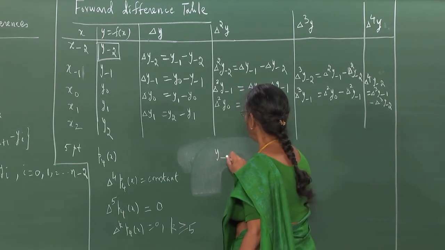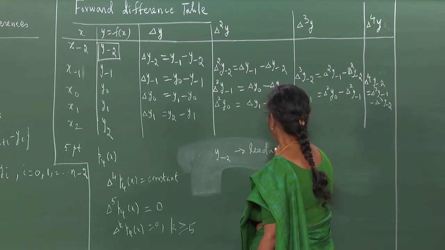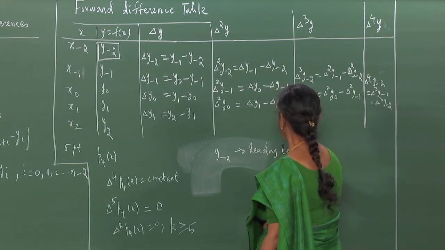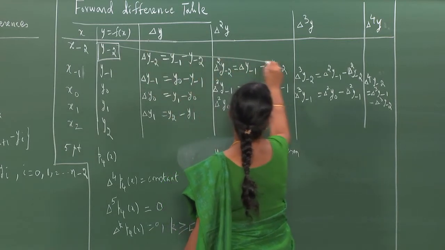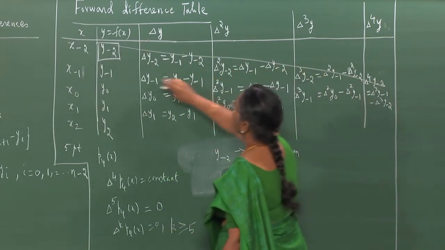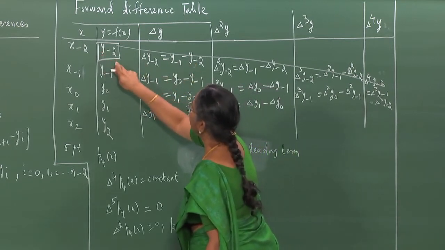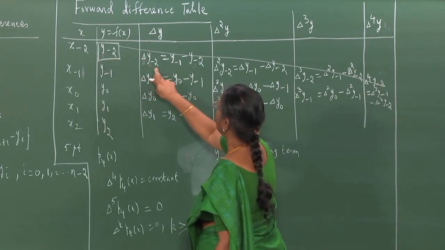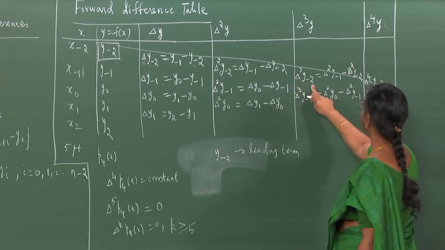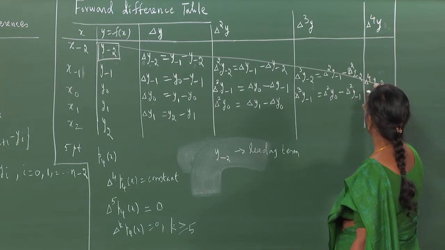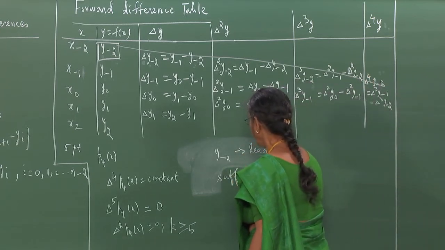Y minus 2 is called a leading term. And you also observe that along this diagonal, the suffixes for y minus 2, delta y minus 2, del square y minus 2, del cubed y minus 2, del power 4 y minus 2, are all the same.